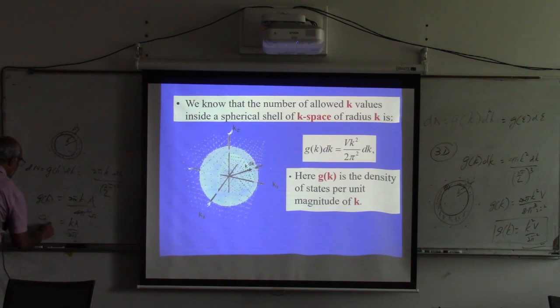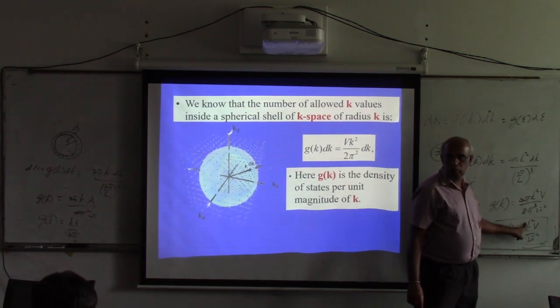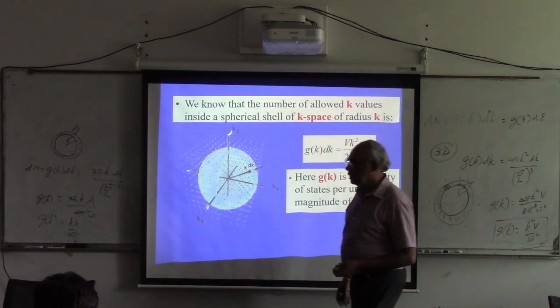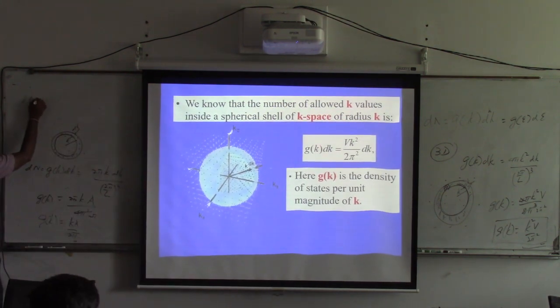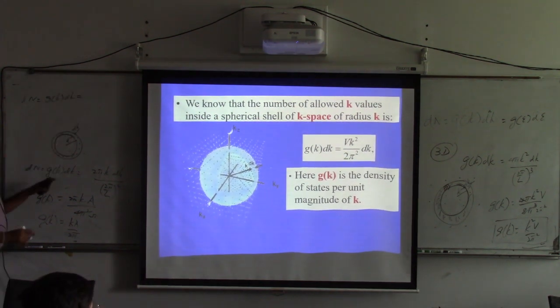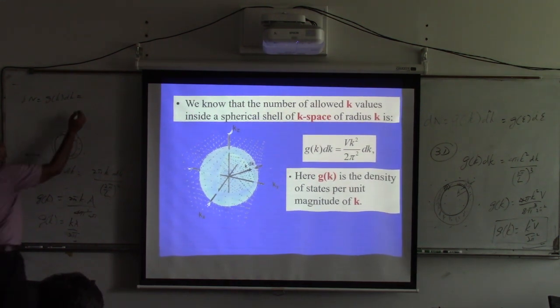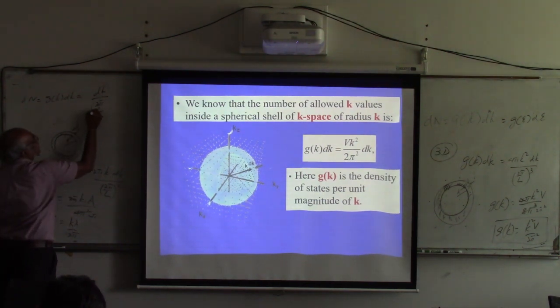That is G(k). G(k) goes like k here, whereas in 3D G(k) goes like k squared. You can do the same thing for one dimension, right? How do you do the one-dimensional case? Your dn is G(k) dk, which in that case is simply dk divided by what? Just 2 pi over L, right?